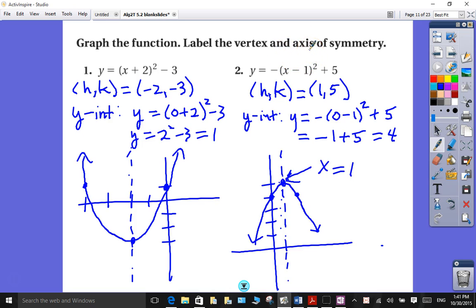The minus is part of the formula. Most of these, the directions usually do say label the vertex and the axis of symmetry. So the vertex is 1, 5. The axis of symmetry is x equals 1.